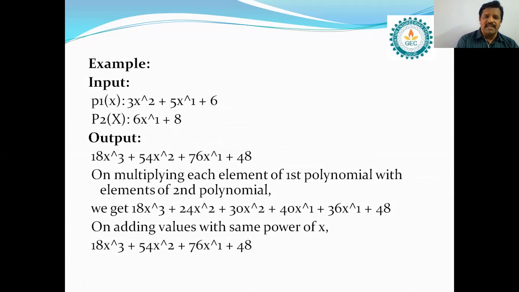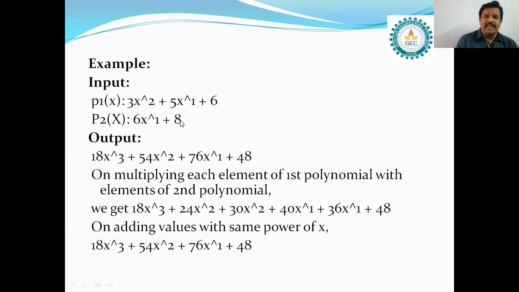So that is 18x cube. Next, 6 into 5, 30. x power 1 into x power 1, that is x square. 30x square. And next 6 into 6, 36x power 1, right?